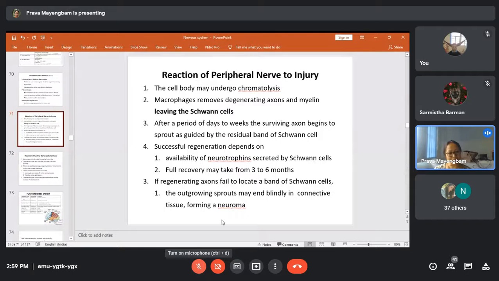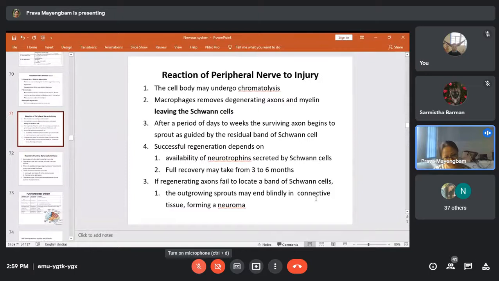And that is called a neuroma. Some scar will be present, that is a connective tissue. Just like when we have skin injuries and there is a line visible as a scar, that is nothing but the connective tissue. This connective tissue is filling up the gap between the two injured sides.